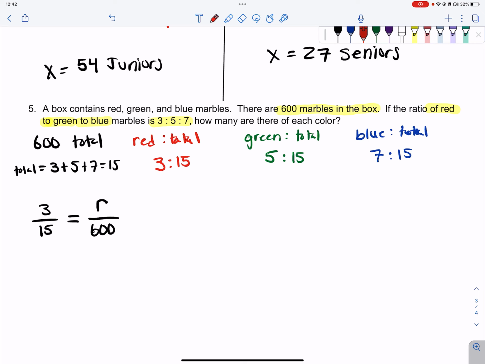R is being divided by 600, so I am going to multiply both sides of the equation by 600.